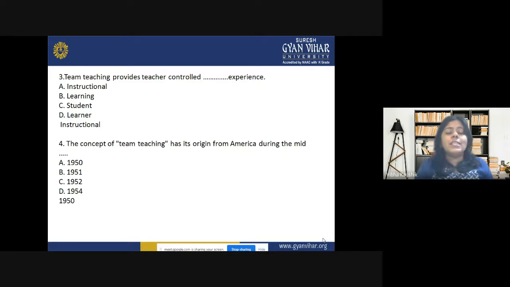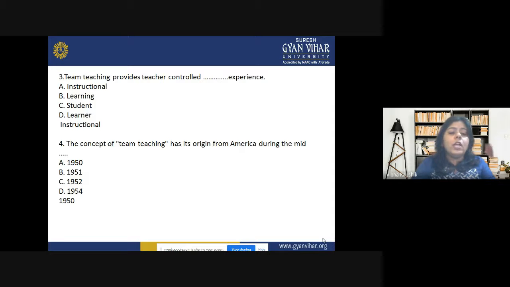Now you have to select the correct answer on the basis of the given choices. And the correct answer will be option A, that is instructional. So, team teaching provides teacher controlled instructional experiences.